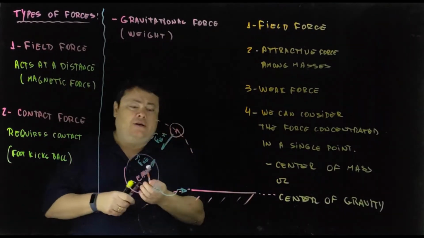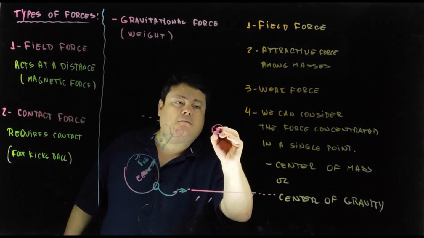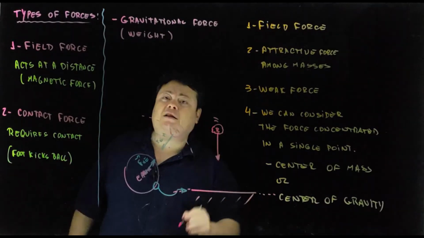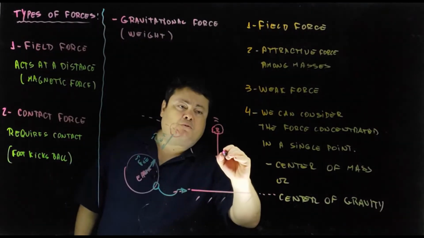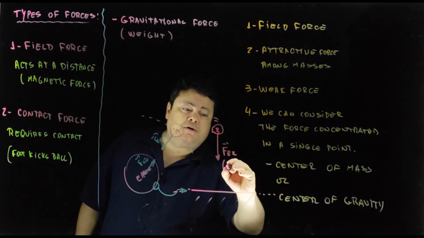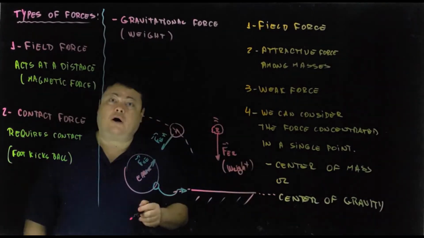And when we talk about a small object, like a rock, perhaps, that rock is being attracted by the Earth, and that will be the force of the Earth on the rock. And in our daily lives, we actually call this the weight of the rock.